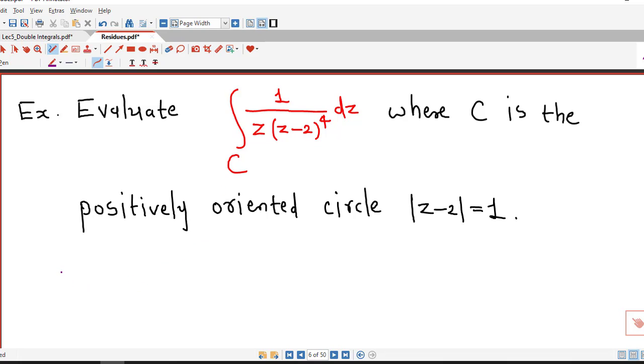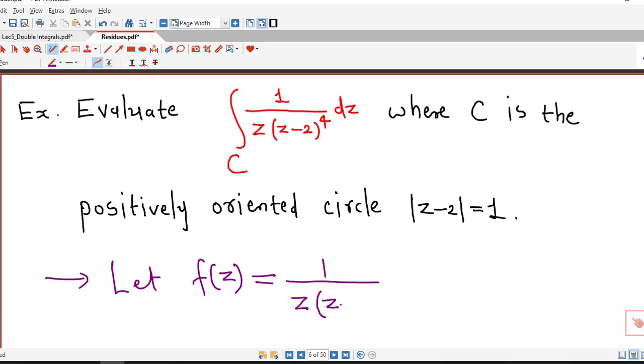So here the function f of z is given to be 1 over z into z minus 2 raised to 4.